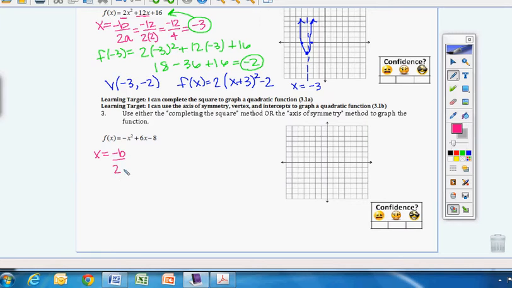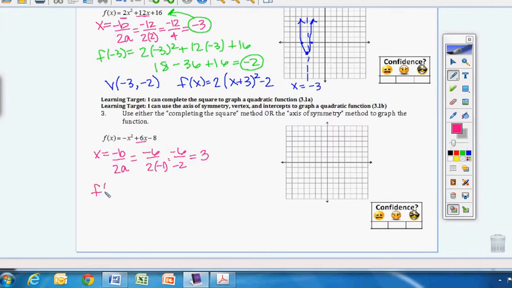If you want to complete the square, absolutely, no problem. So here the opposite of 6 is going to be negative 6, over 2 times my a value, which is negative 1. So I have negative 6 over negative 2. Negatives cancel to a positive. 6 divided by 2 gives me 3.